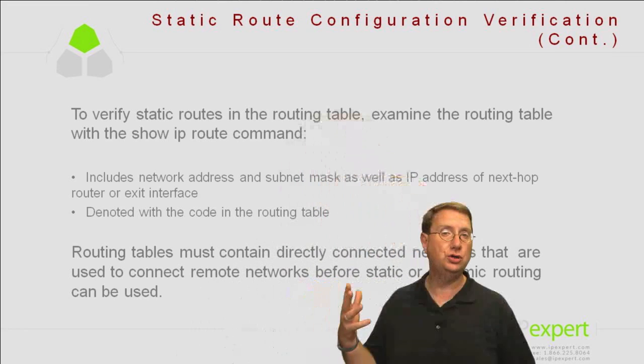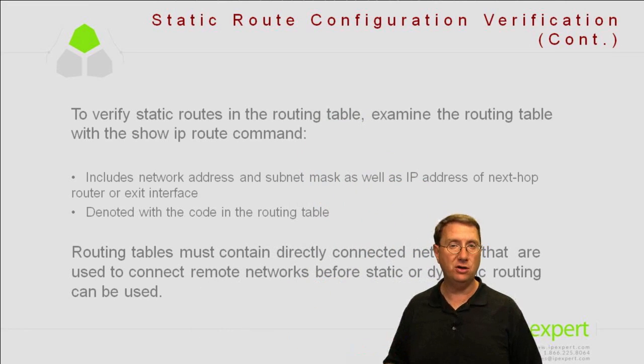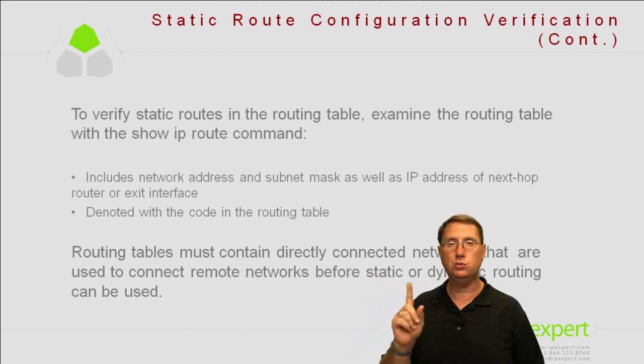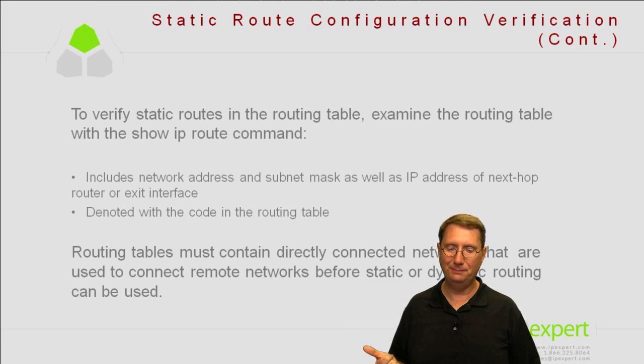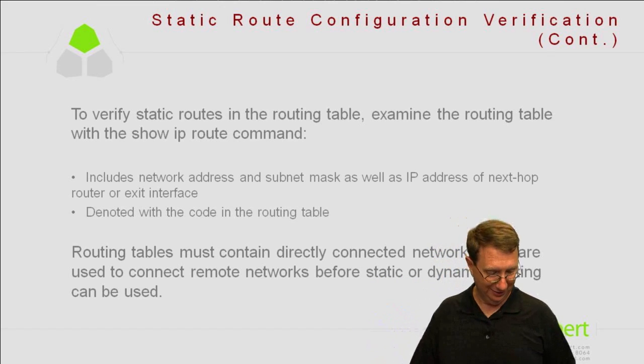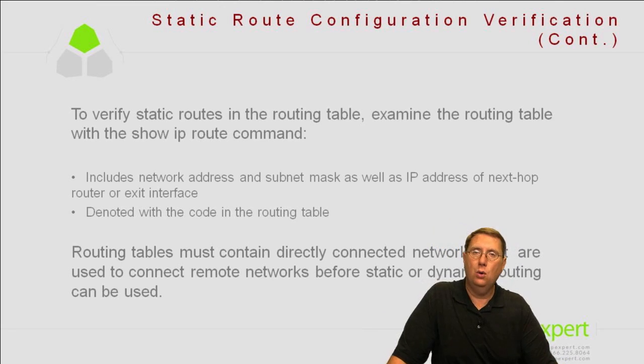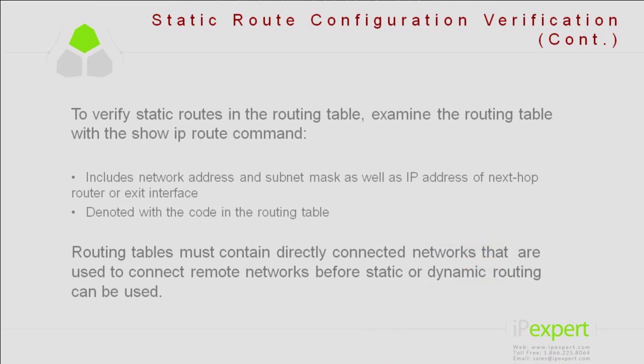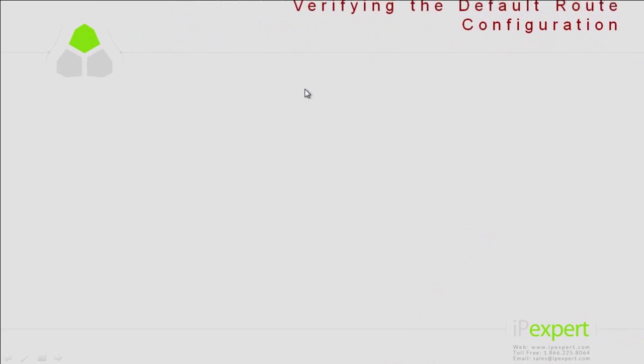Again, we're going to look for a denotion of an S. And if we have a default static route, we're going to look for a denotion of an S with a star, the symbol above the 8. I'm sorry, I'm drawing a blank. An asterisk. So once we see that, that's going to tell us that we actually have a default static route in our infrastructure.